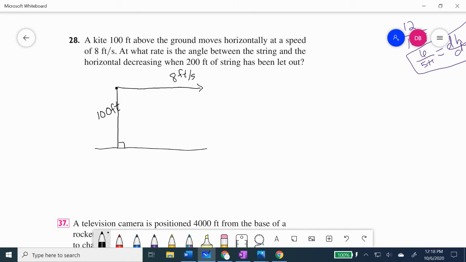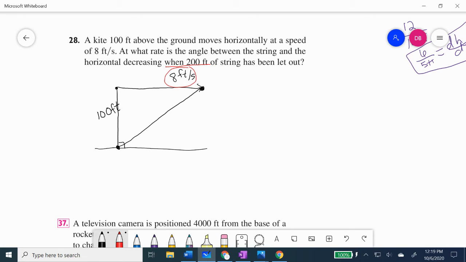And then I've got the string being let out. So we're imagining someone's actually laying down on the ground with the string in their hand while the magical kite is flying horizontally. The when information we want to wait on, and we have a given rate.